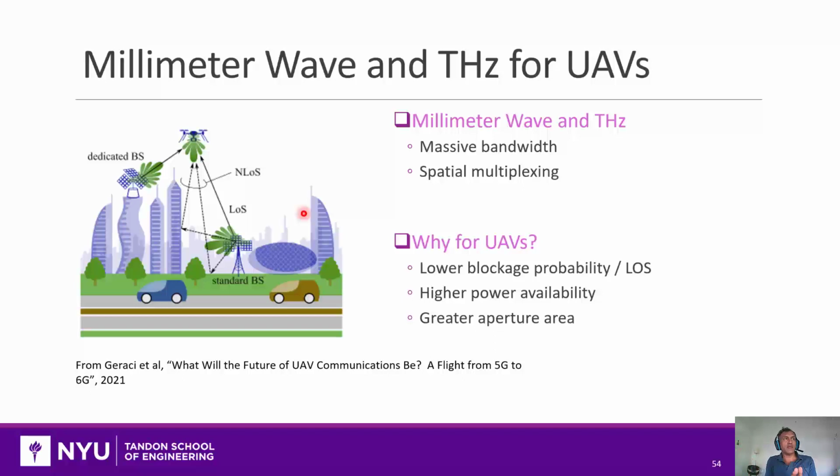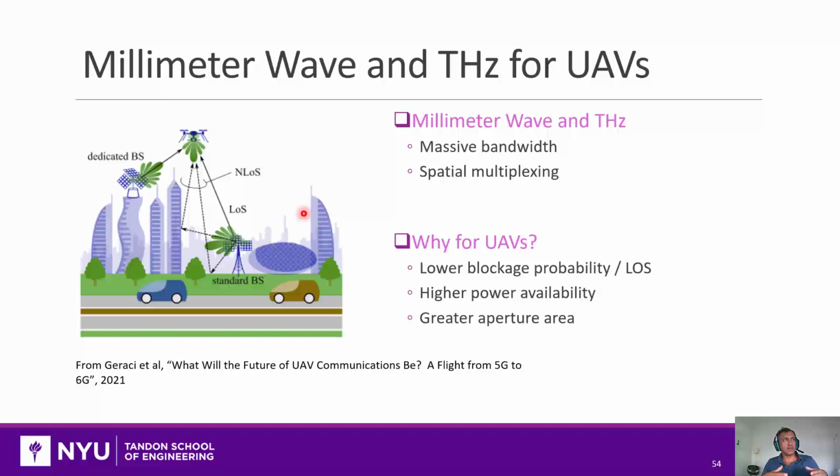You also might have more power availability because, of course, it takes sometimes into the kilowatts of power to actually drive a UAV. So then those tens of watts that might be needed on a terahertz transceiver are actually feasible, where they may not be feasible on a smartphone.